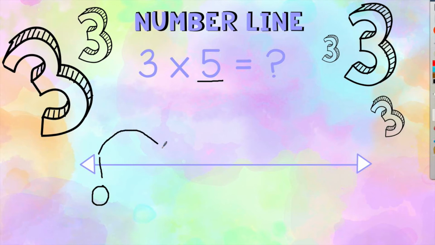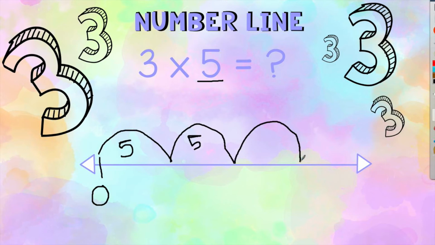So 1, 2, and 3. Now that I've jumped 5 three times, I'm going to fill in my numbers down here. You can either add them or you can just skip count by 5s.